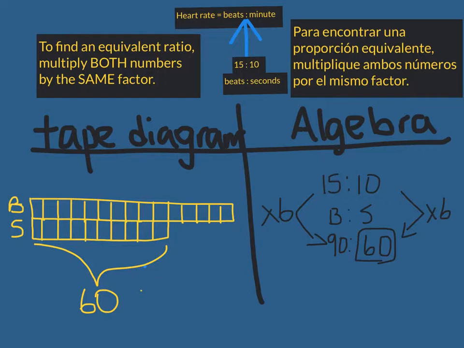So if I have 60, that is the total for these boxes, then how much goes in each box? So the question I'm really writing here is 60 divided by 10 equals, you're right, 6. So I'm going to go through here, and I'm going to plug in my little 6's in each box.